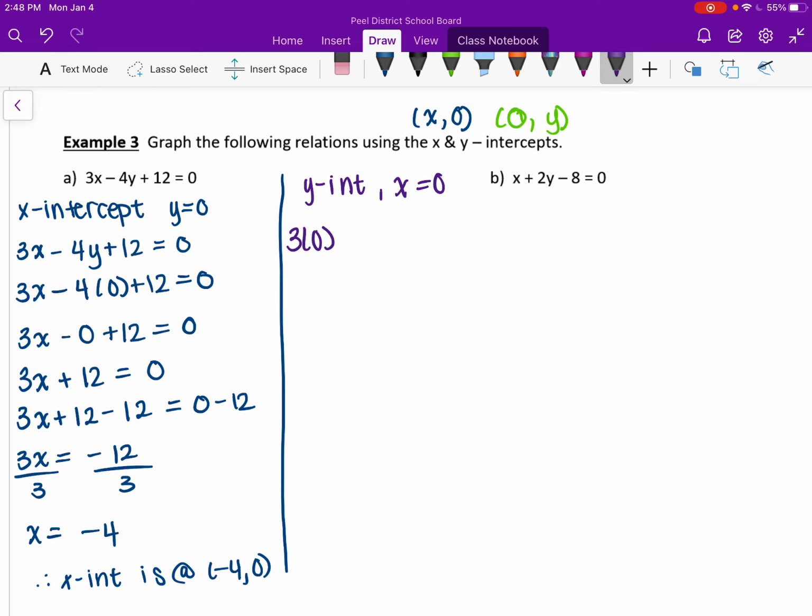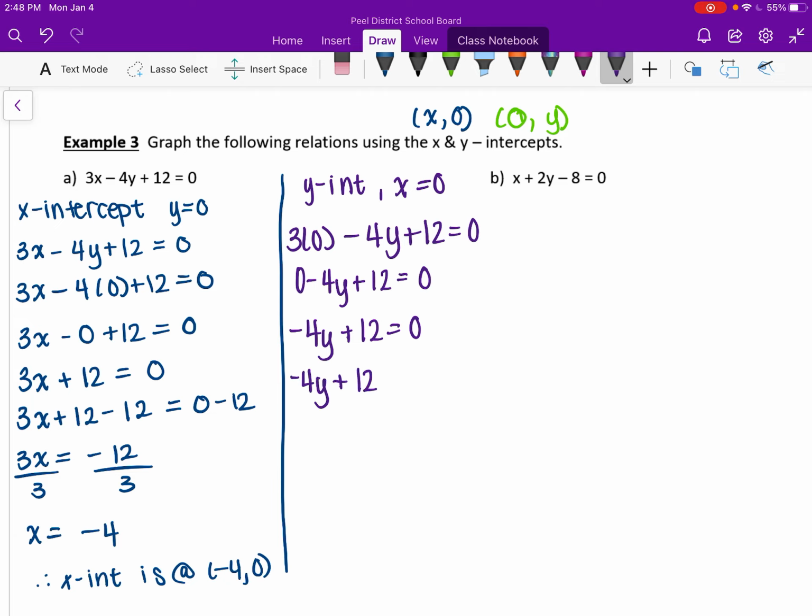So I'm going to put again 0 minus 4y plus 12 equals 0. Negative 4y plus 12 equals 0. I want to get the 12 on the other side, so I'm going to subtract 12 from both sides.